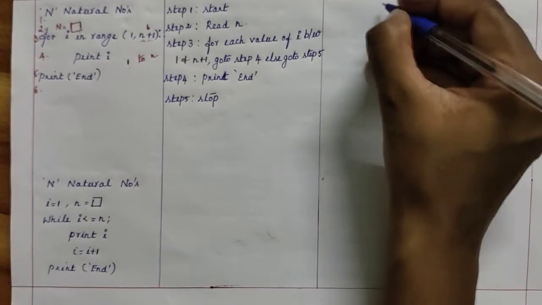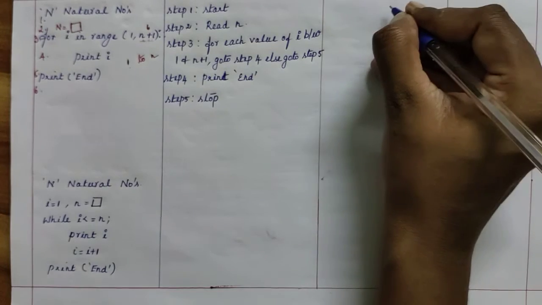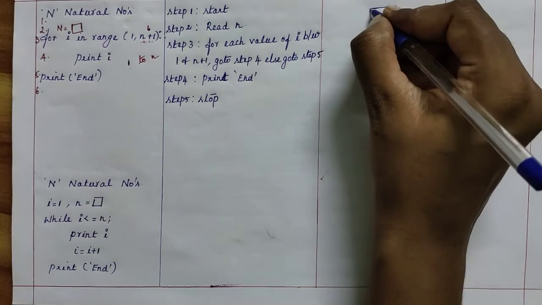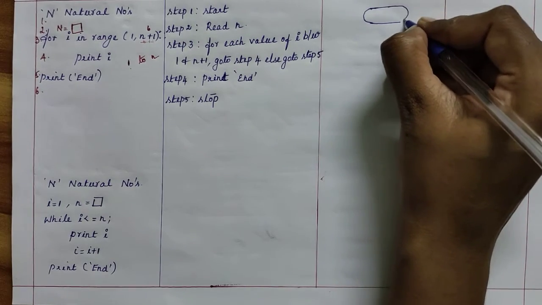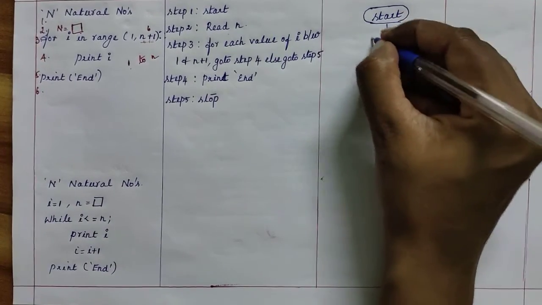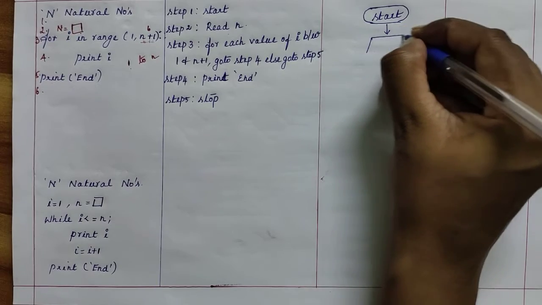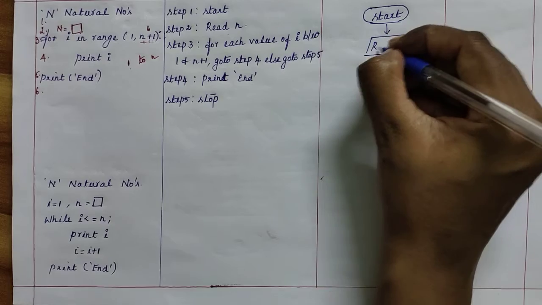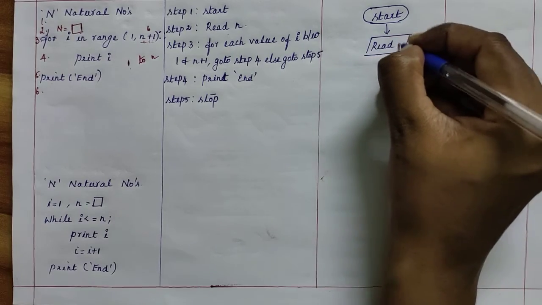First step is start. We have to represent it by the terminal symbol. So this is the start, and next we have a read, which is represented by the parallelogram, that is read n.